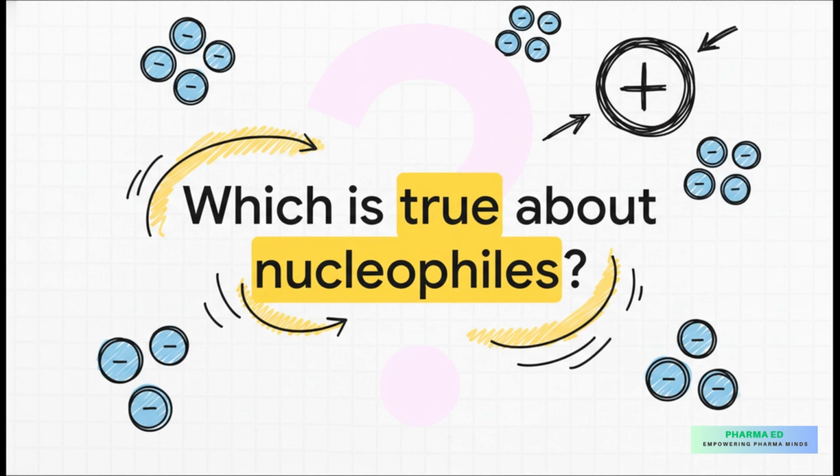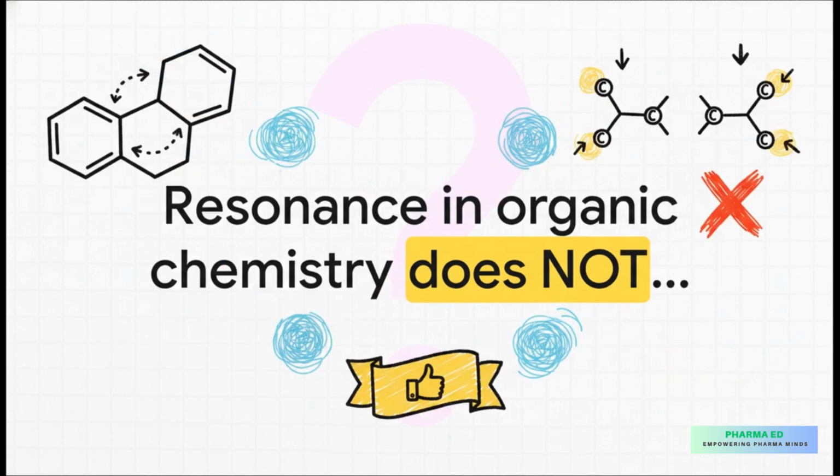Remember what we said, nucleophiles are nucleus-loving, and that means they are packed with electrons and are always looking to donate them. Question 2. Resonance in organic chemistry does not do which of these things?